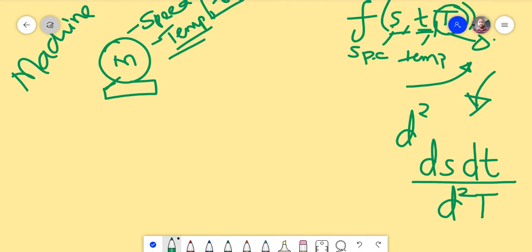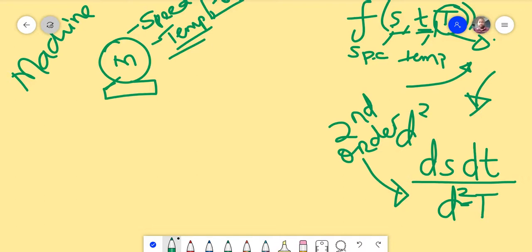This is what we call a second order differential equation, and that's why we have the number 2 here. What this means is that we have two quantities that are varying with respect to one variable.